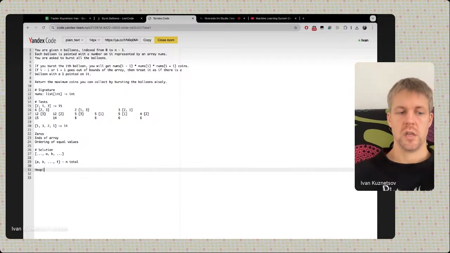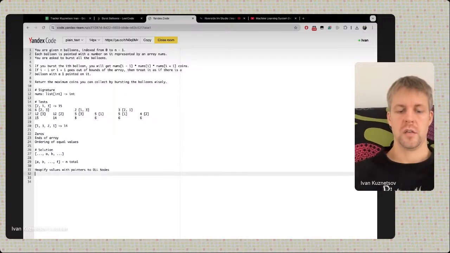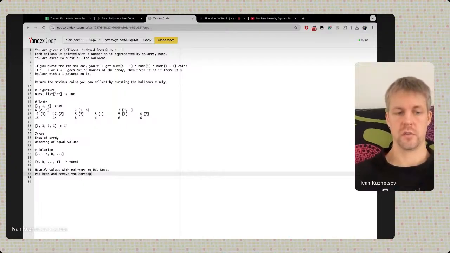First, we heapify values with pointers to doubly linked list nodes. Then we pop the heap to find the smallest value and remove the corresponding node.